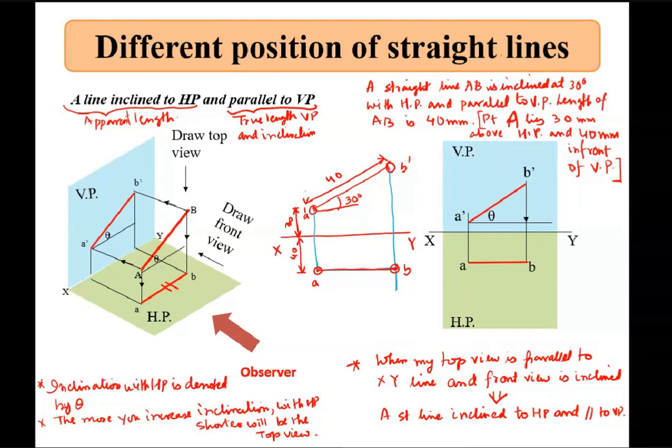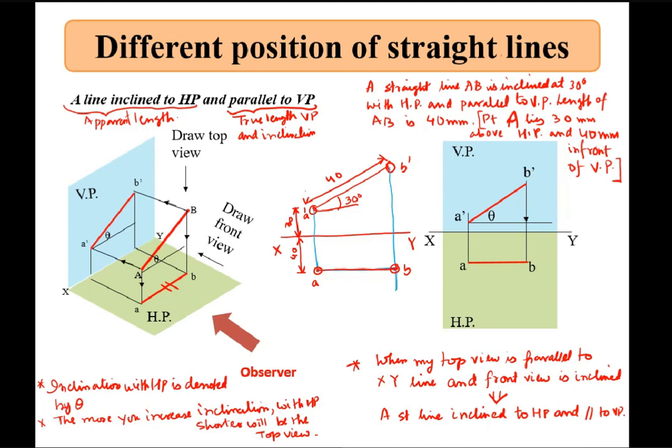So here B dash is the apparent length, right? Not B dash, it is just a projector. AB is the apparent length. A dash B dash is the true length. I'll write it down for you.